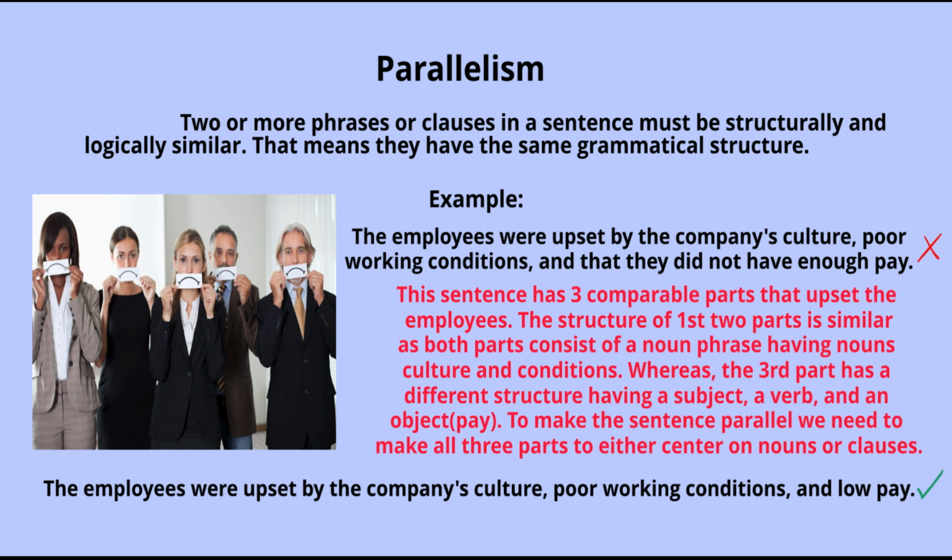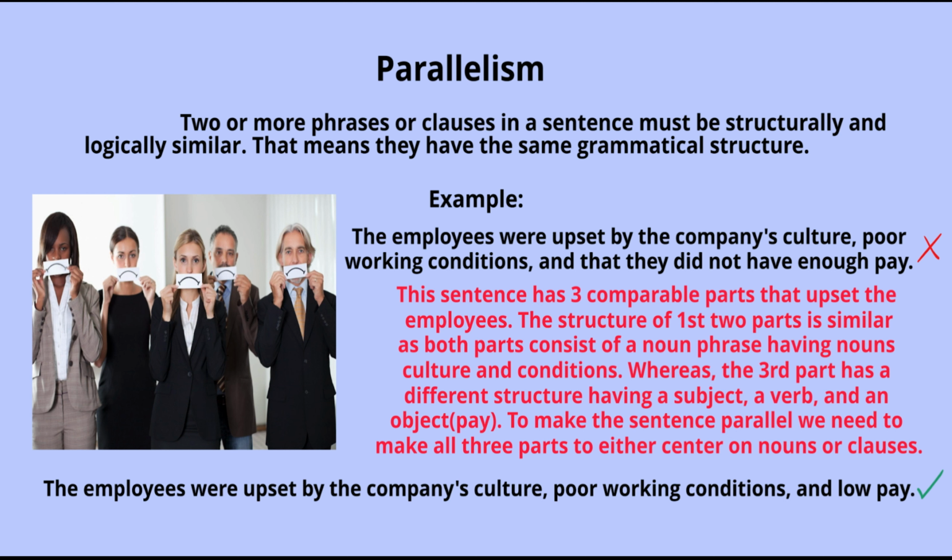So the structure of the first two parts is similar as both parts consist of a noun phrase having nouns, culture and conditions. Whereas the third part has a different structure, having a subject, a verb and an object, pay. So that would be a clause, right? To make the sentence parallel, we need to make all three parts to either center on nouns or clauses.